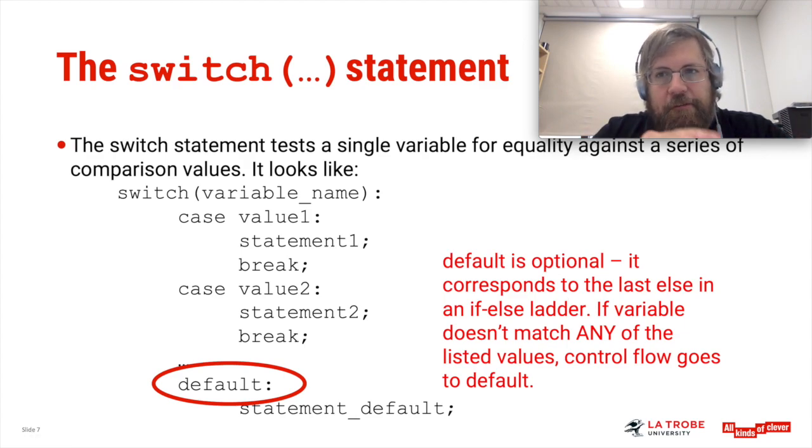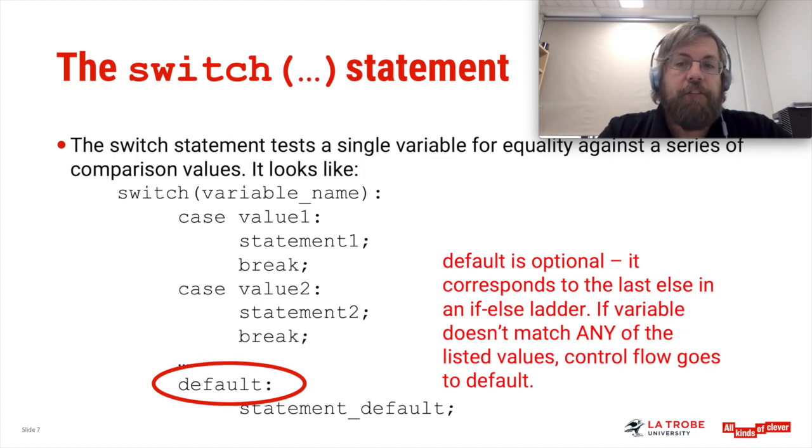If you have if, else if, else if, else if, else if, else, default is that last else. Just like in an if-else ladder, you don't need an else statement. You can just do if, else if, else if, else if. That's it. You don't need default. If variable doesn't match any of the listed values, control flow goes to the default.